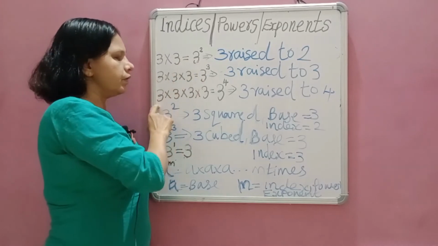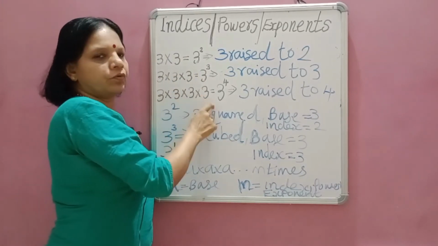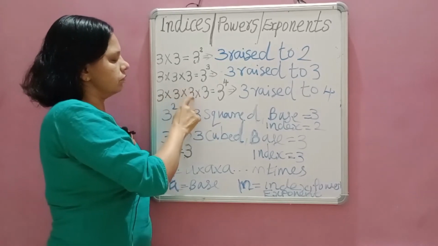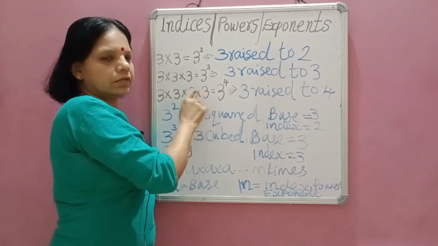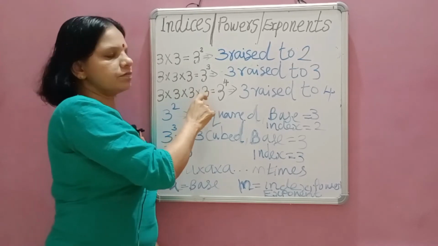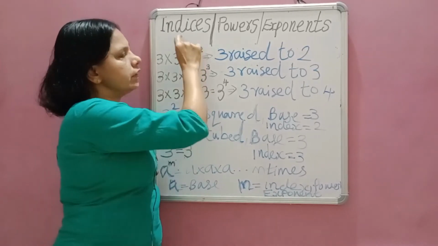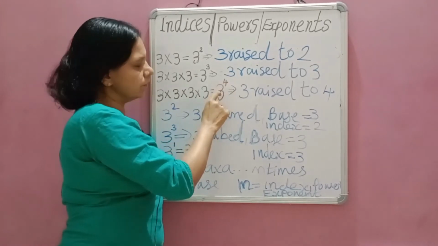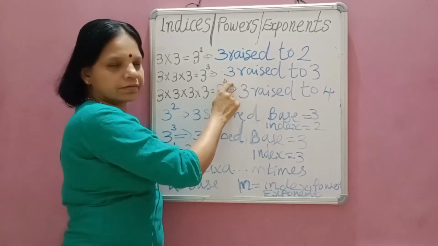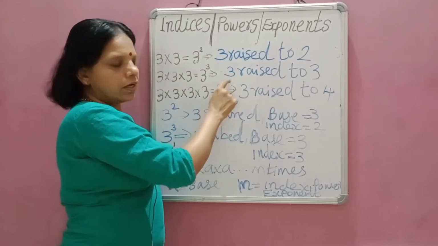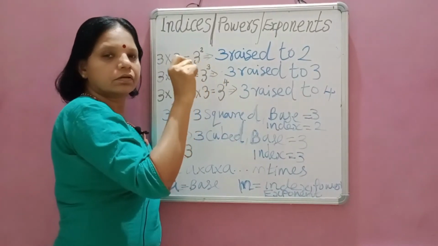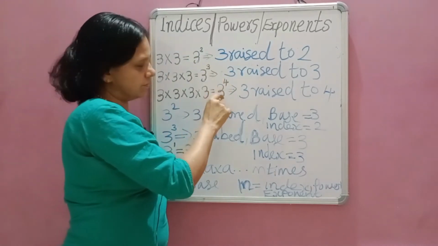Now the same number repeatedly multiplied 4 times: 3 into 3 into 3 into 3. How will you represent this in the form of indices? 3 raised to 4. See the size of the base and index. Base is bigger and the index is a little smaller, at the right top of the base.